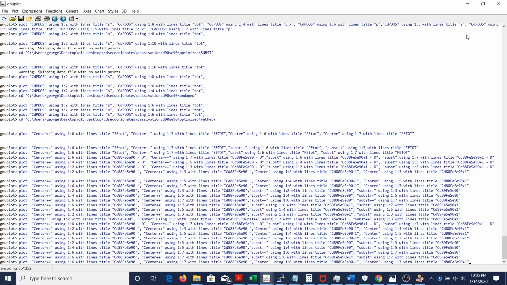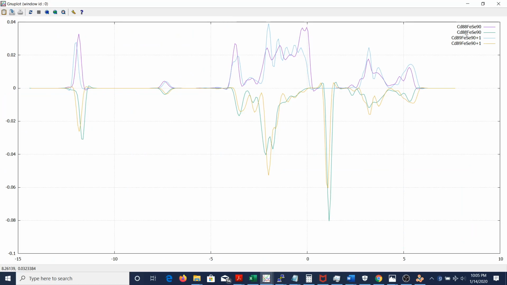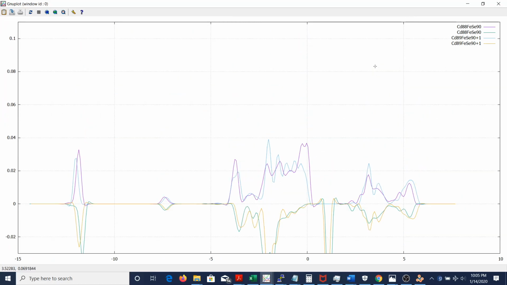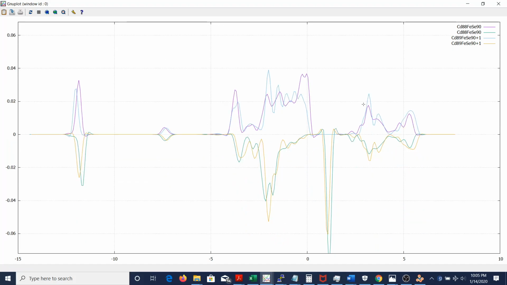Then we go off to the p orbital. So we looked at the d orbital, now we're looking at the p orbital. And that too is almost the same.